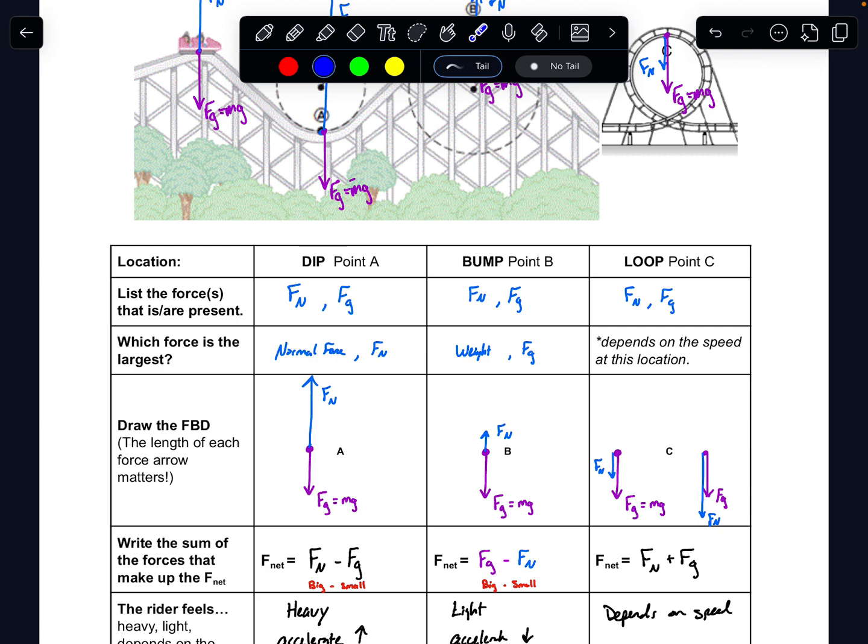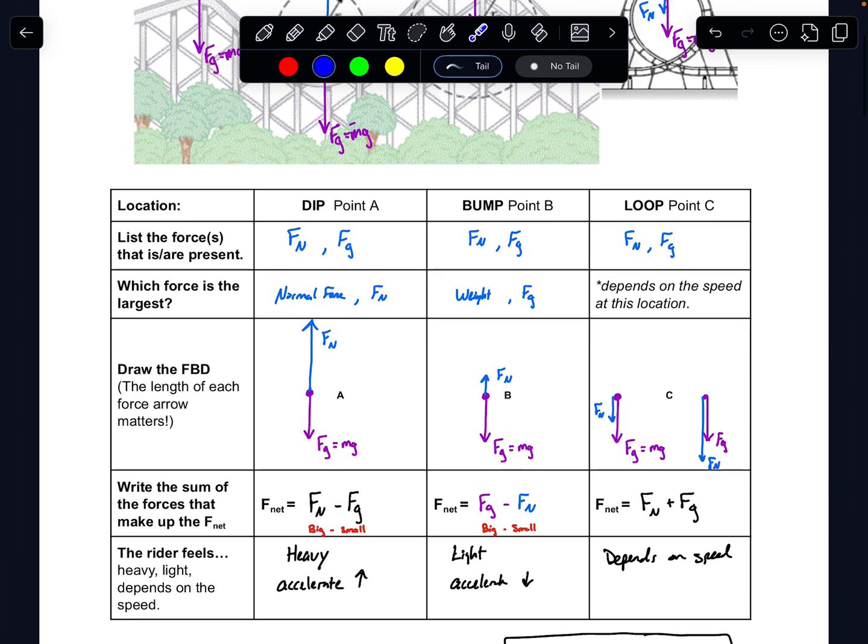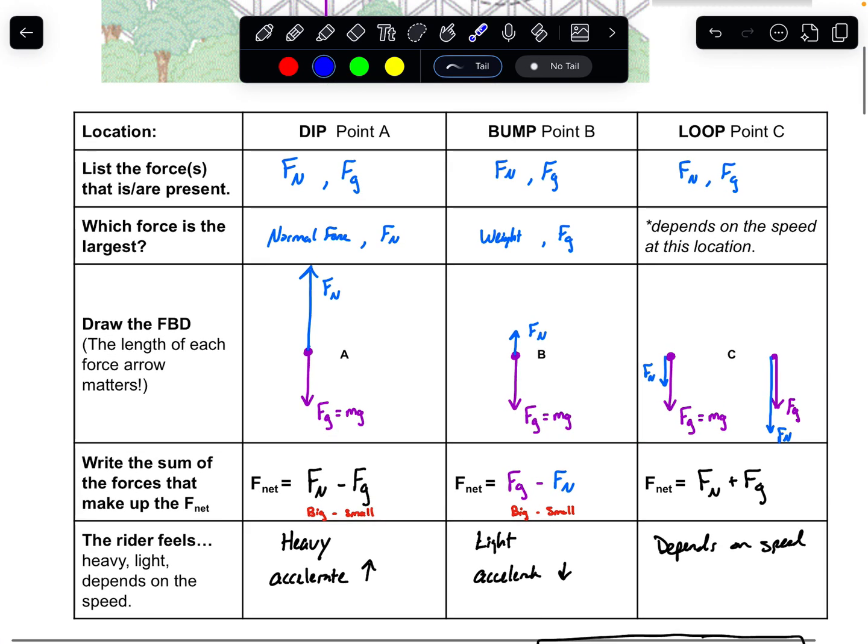So how do we analyze problems with this then? We need to find that net force to the middle by combining the normal force and the gravity. I think a good way to think about this is to take the big force minus the small force. So in this case, I'm going to have normal force minus my weight, and that will tell me the net force.